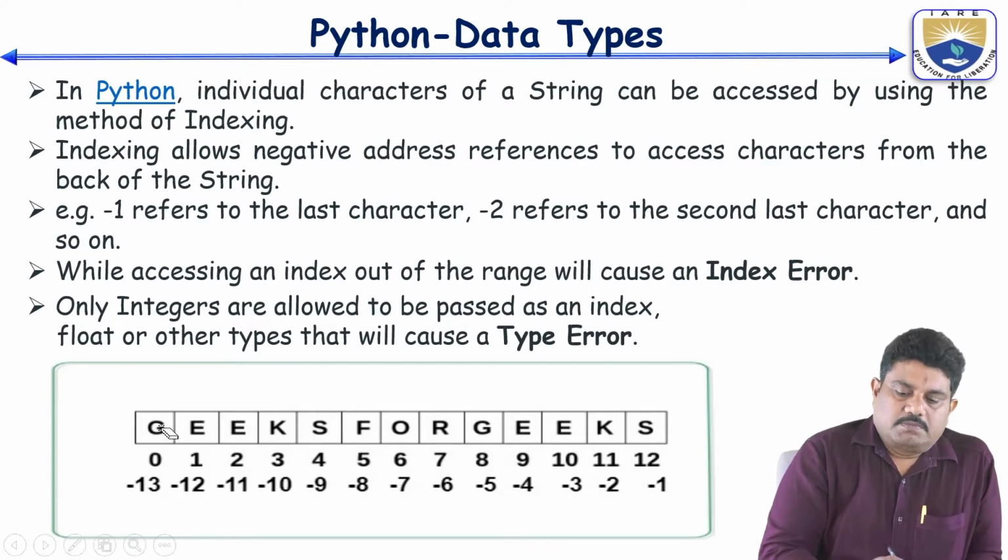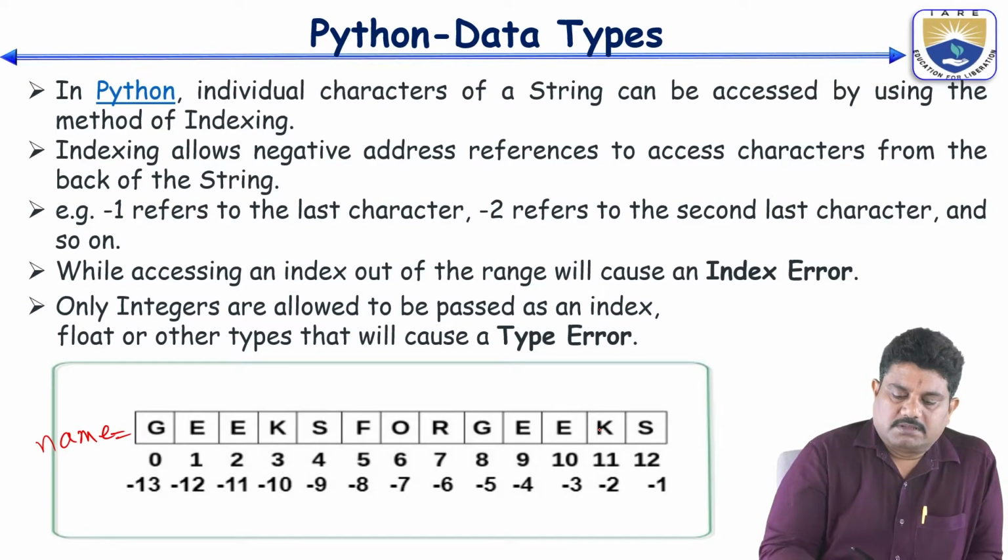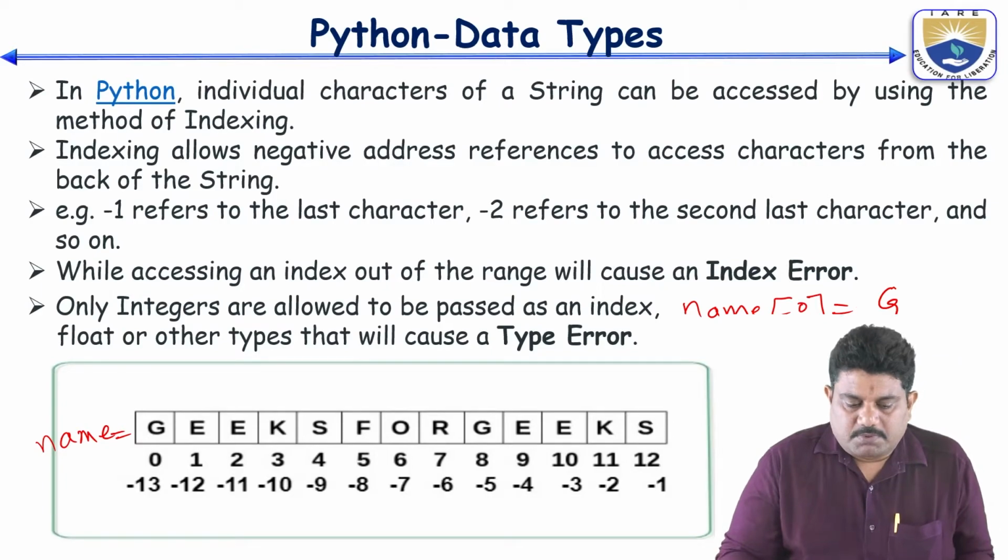So, for example, the same string, you take it as name equal to, for example, gigs, like this if it is there. So, name of 0 gives G. Okay, we will see with example.